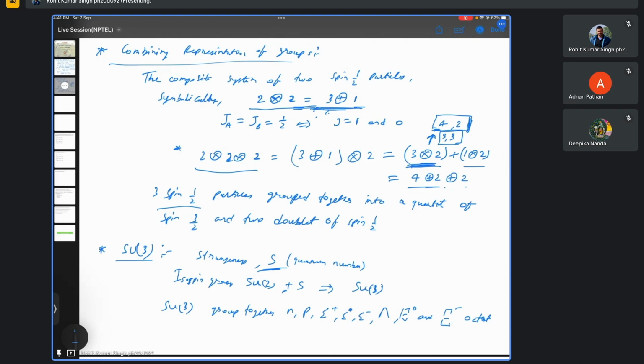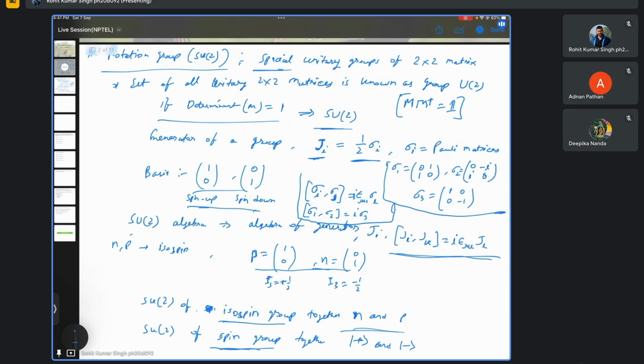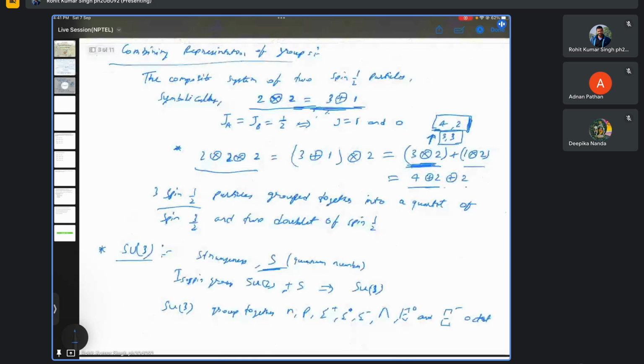Okay, so like I said, the SU2 of isospin group together neutron and proton. Similarly, SU3 of isospin and strangeness group together these many particles, these many baryons. Okay, and that's how we get this baryon octet.